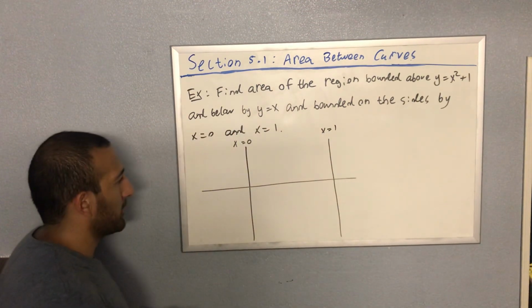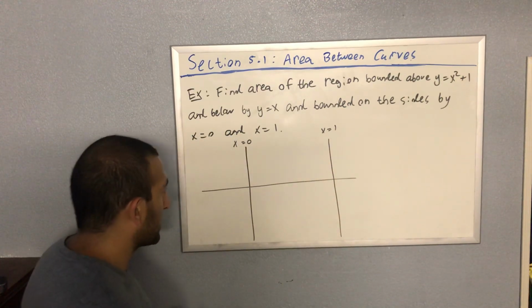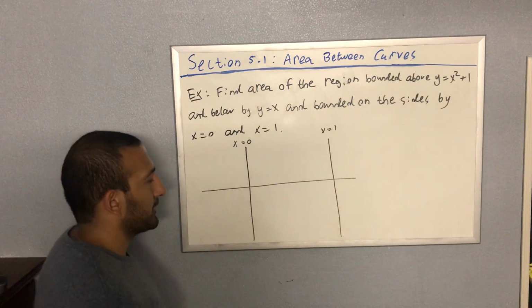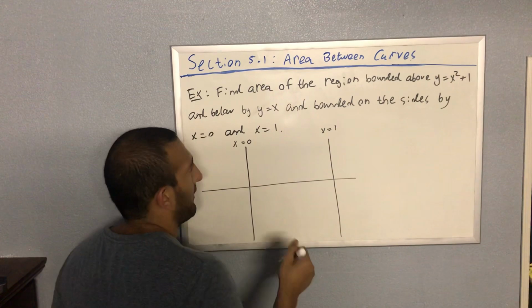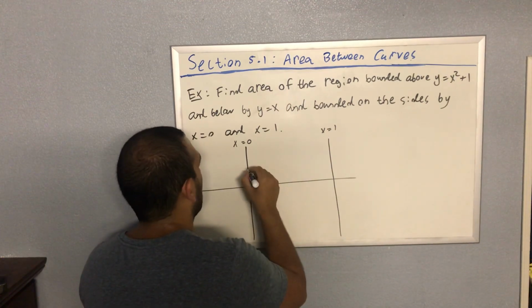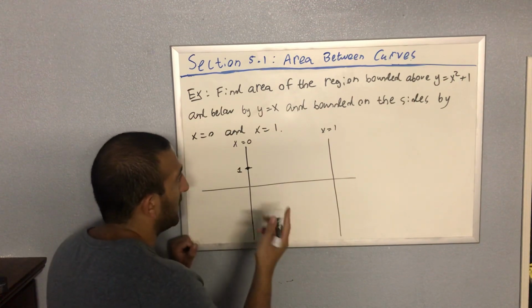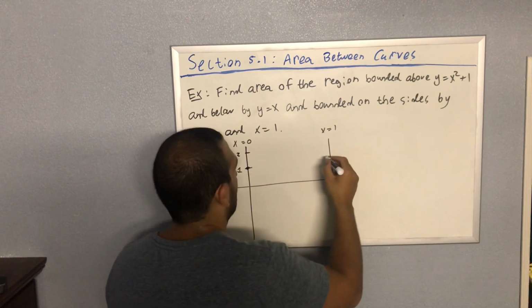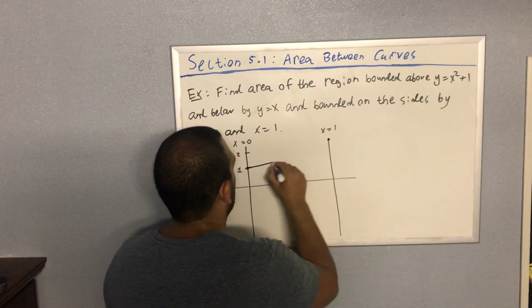So we're trapping the curves between these. And now what does x squared plus 1 look like? Well, let's just plug some numbers in. If you stick 0 in, you're at 1, so it's 1 unit up at 0. And if you stick 1 in, you get 2. So it goes to 2 here. Okay, so it looks kind of like this.